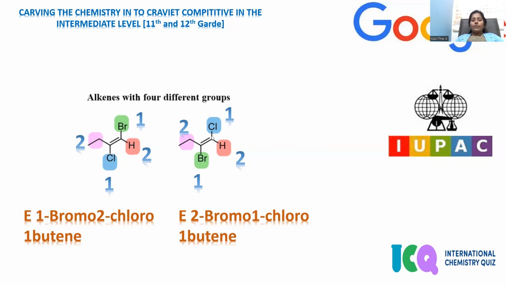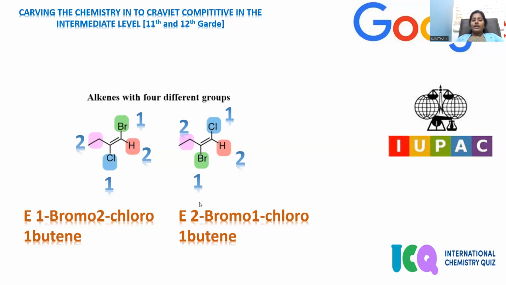If you go with the second one, again the 1-1 priority groups are in the opposite direction. Whenever opposite direction, let me mention E. And on the first carbon, see, chloro is there, but we need not mention 1-chloro first. Rather, we have to go for 2-bromo first, because whenever we are writing the IUPAC nomenclature, we have to follow the alphabetical order, so bromo will come first, later chloro will be mentioned.